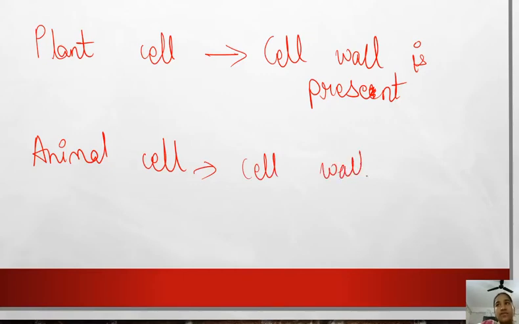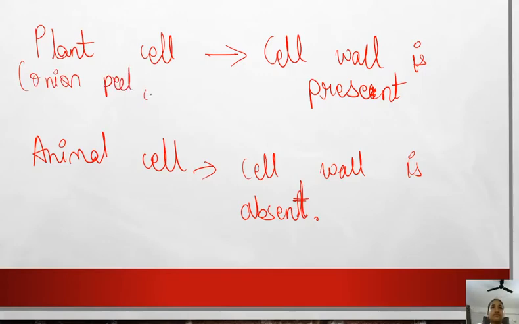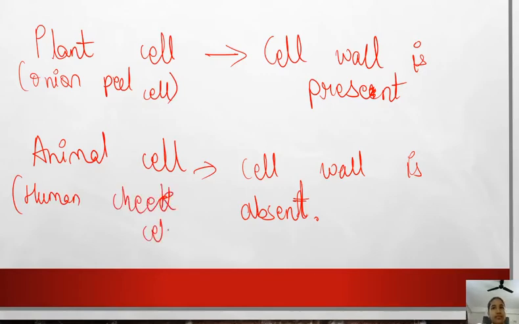Cell wall is absent. This is one difference which we can view between the onion peel cell and the human cheek cell. Yes, this is a difference, but there are many more differences which we'll be learning.